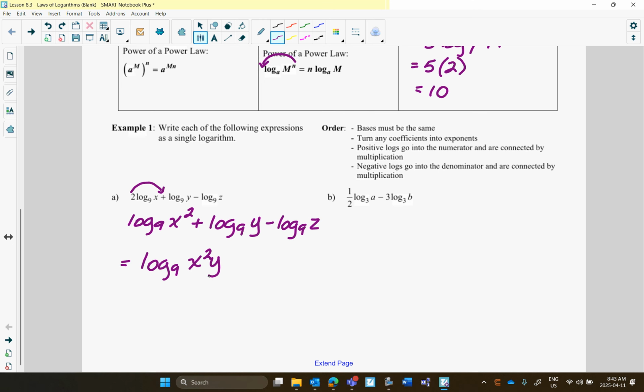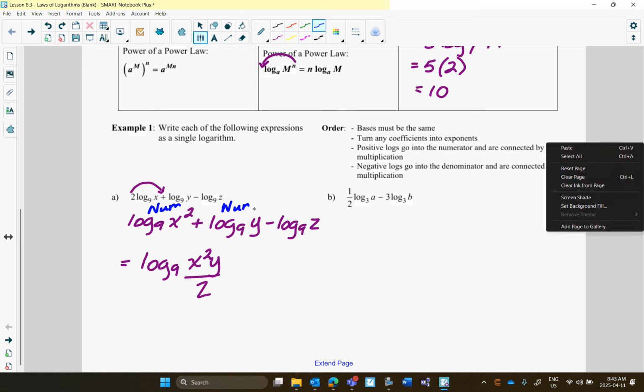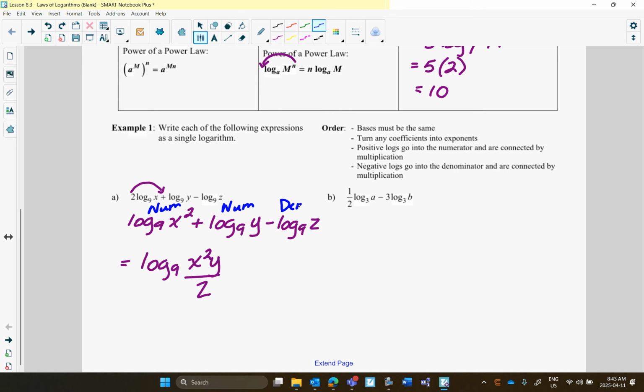And because this is minus, it becomes divided by z. Just like that. Or you can think of it this way: if it's plus, this is going to be in the numerator. Because this is minus, it's going to be in the denominator. Okay? That's another way you can look at it.